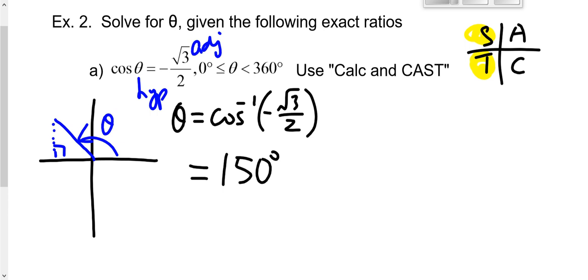So now adjacent is root 3. I should keep it consistent with the color because there will be quite a bit of drawing. Root 3. And then hypotenuse is 2. What's the height here? Who cares? And of course this is negative x, so give it negative.